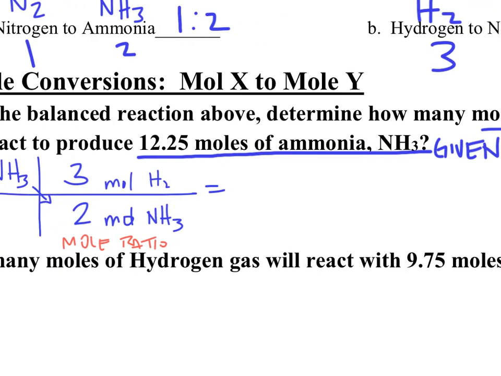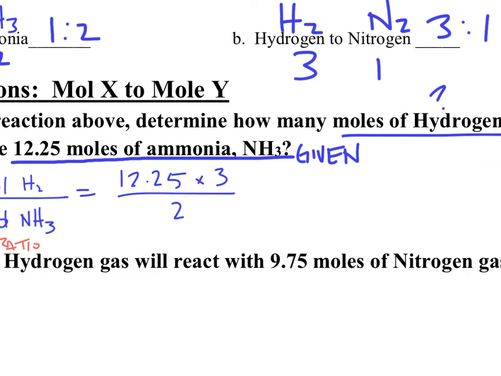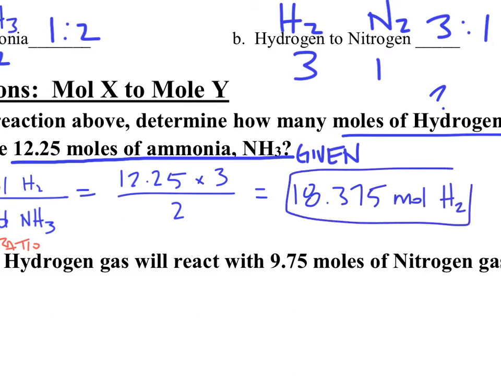So 12.25, everything on the top gets multiplied, and the top is divided by the bottom. So 12.25 times 3 divided by 2 gives me 18.375 moles of hydrogen gas. There's my answer.